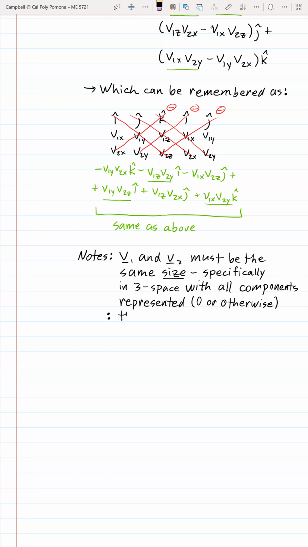Again, as I already indicated, as can clearly be seen, the result of the operation is another vector.